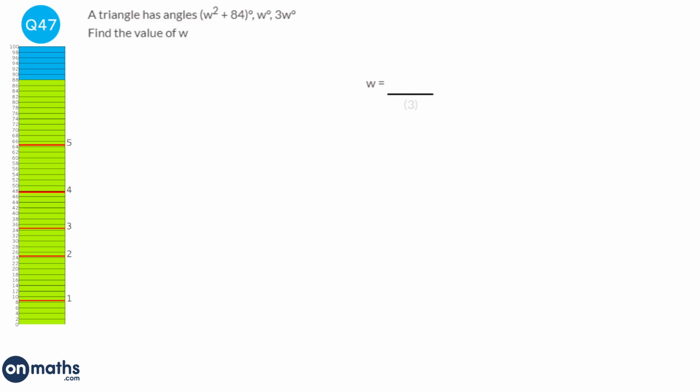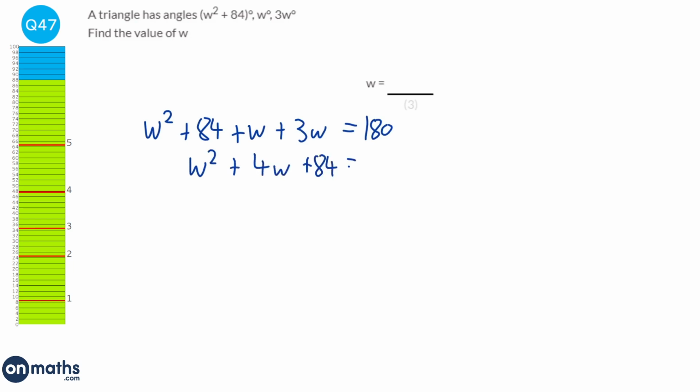So the thing we know about triangles is their angles add up to 180. So what we can do is say w squared plus 84 plus w plus 3w equals 180. And let's just put that together. So it's w squared plus 4w plus 84 equals 180.